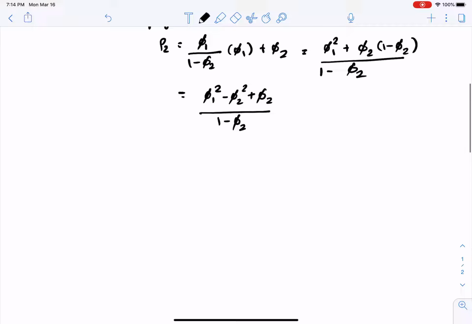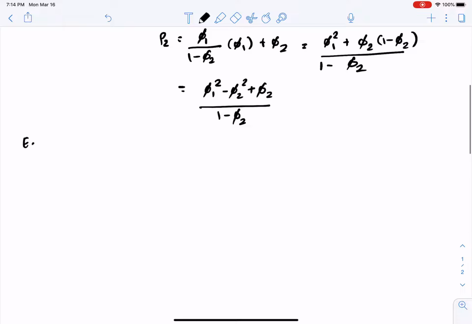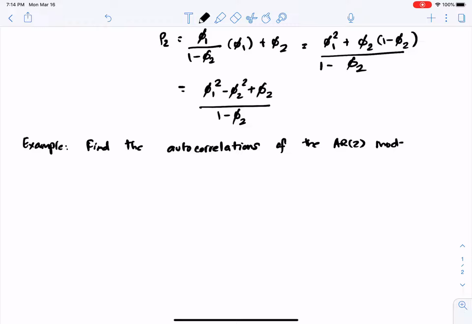So here is an example. We want to find the autocorrelations of the AR2 model and the variance of noise if gamma naught is 1.